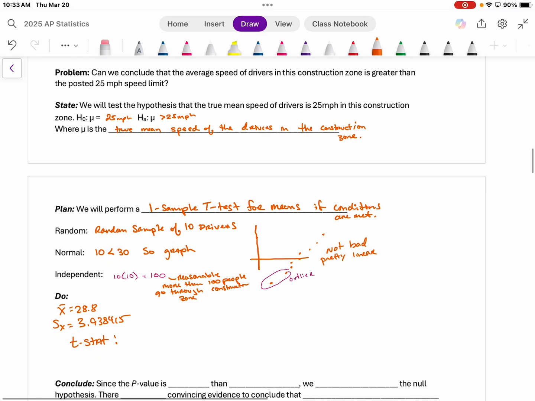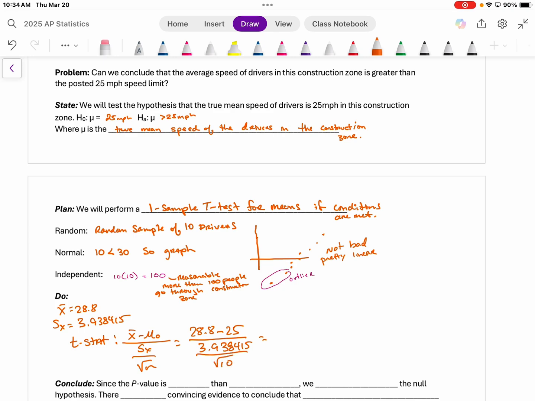So then that's that new formula. It's X bar minus mu naught over S sub X over the square root of N. So my X bar would be 28.8 minus my mu naught, which is 25, over 3.938415 over the square root of 10.